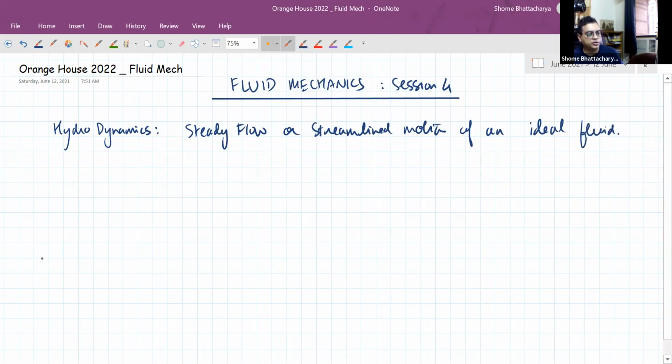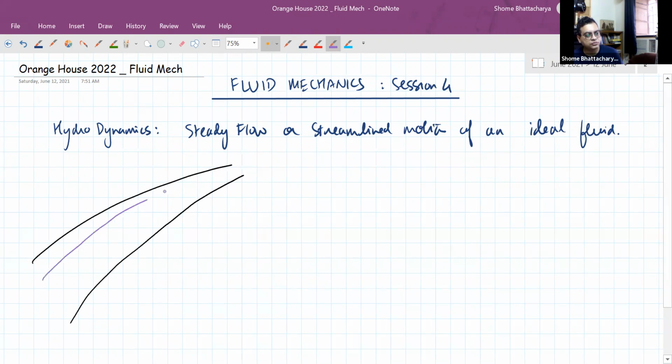So the two important equations that we apply to this kind of situation when an ideal fluid is in steady flow are, respectively, the continuity equation and Bernoulli's equation.